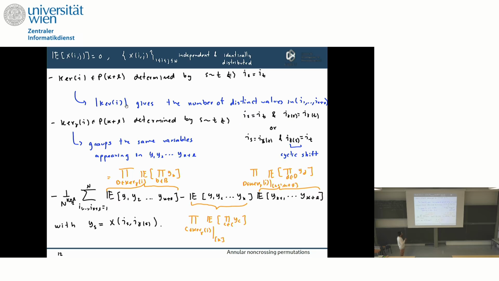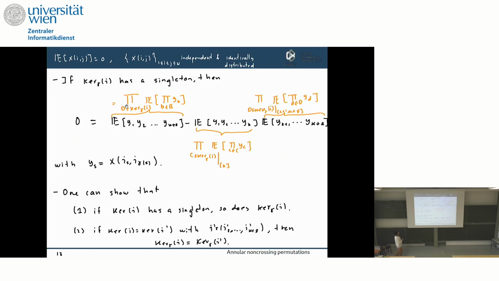Now, when am I going to get a 0 here? Because of centeredness, I will get a 0 here if the kernel of i gamma has a singleton, right? And if the kernel of i gamma has a singleton, so does the restriction to the first k elements and the restriction of that partition to the last l elements. The crucial observation is what I just said: if this has a singleton, this whole thing vanishes.